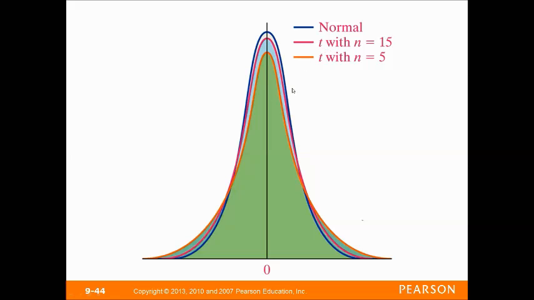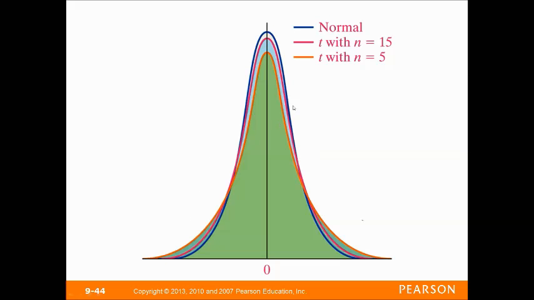With n equals 15, I still have a nice bell-shaped curve. There's still more area in the tails of that t distribution than there are with the normal, but notice that it's getting closer to that normal curve. If I were to look at n equals 30, it would be much closer.